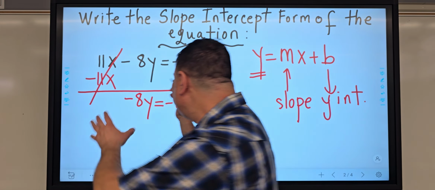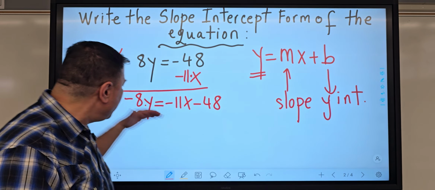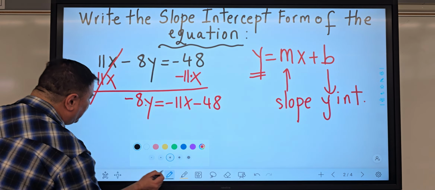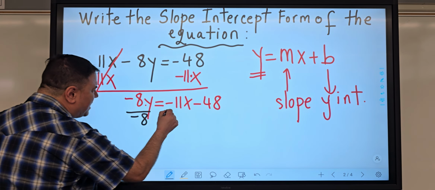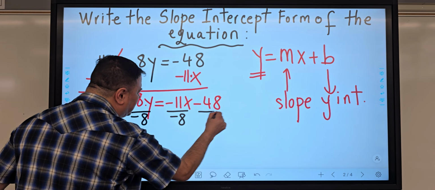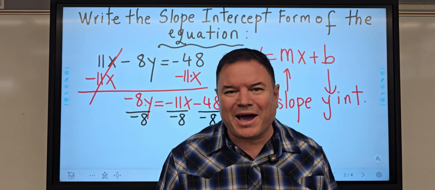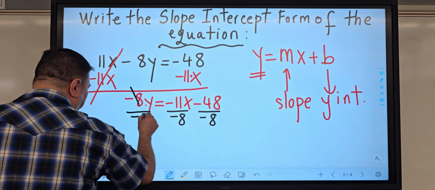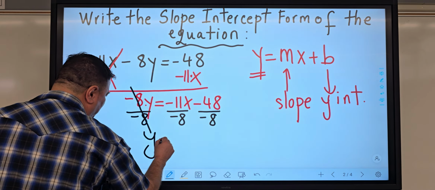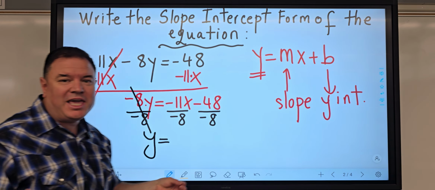And finally, to get the y by itself, we have to divide both sides by negative 8. All the terms have to be divided by negative 8. Negative divided by negative becomes a positive, so we get y. The same here: negative divided by negative becomes a positive.